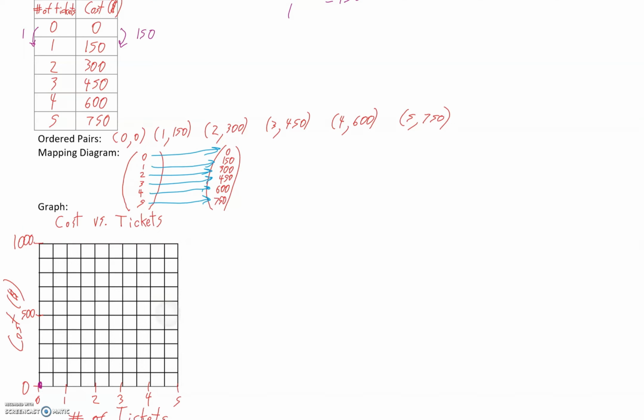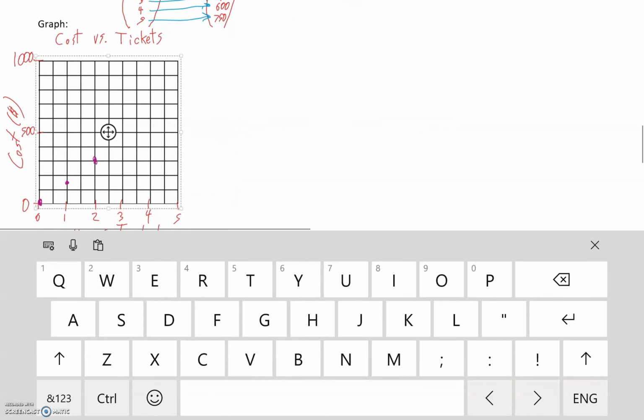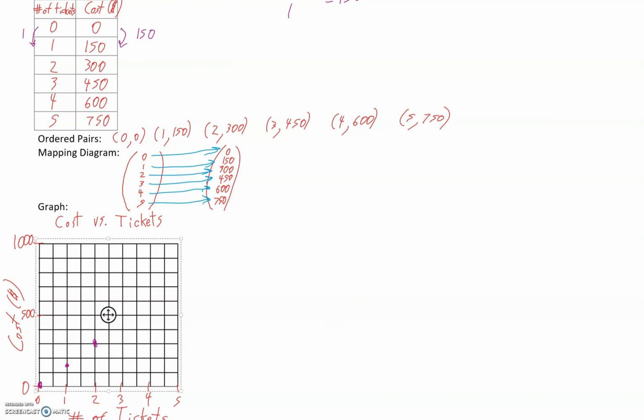So 0, 1 to 150, 2 to 300, 3 to 450, 4 to 600, and then 5 to 750. And again, this is discrete data, as it is number of tickets. You can't have half a ticket.